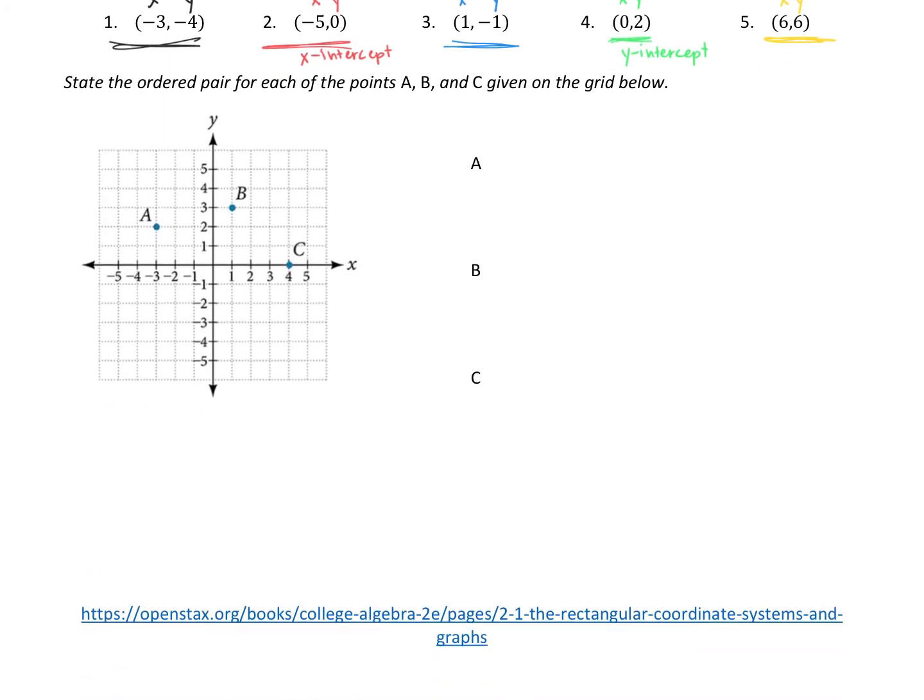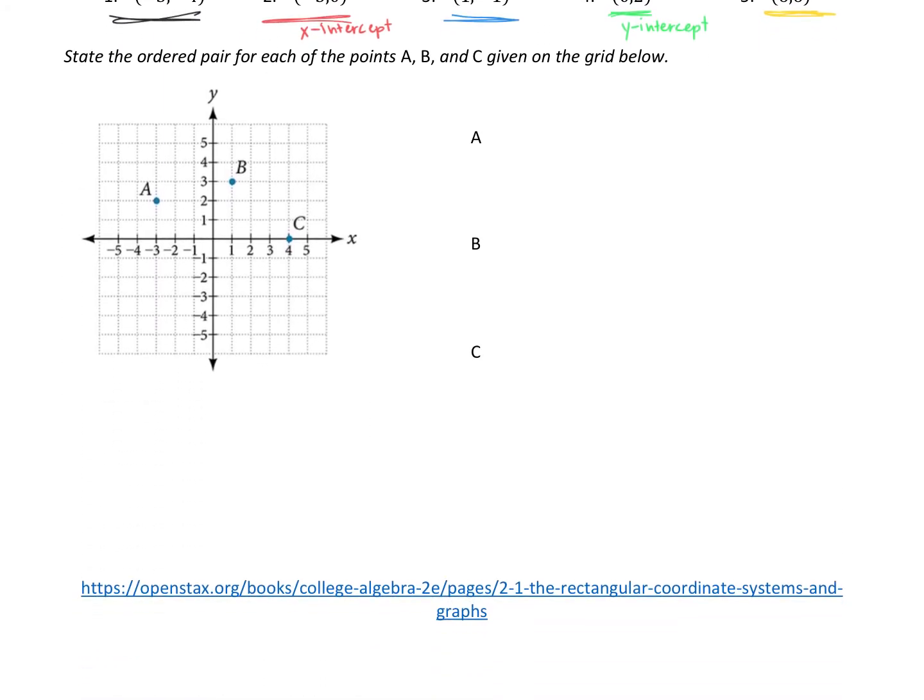All right, now let's look at the opposite direction. So let's look at if they give us the point on the graph, can we name the ordered pair? So I want you to name or give the ordered pair for each point A, B, and C. Notice at the bottom, here is a reference that you might want to look at.